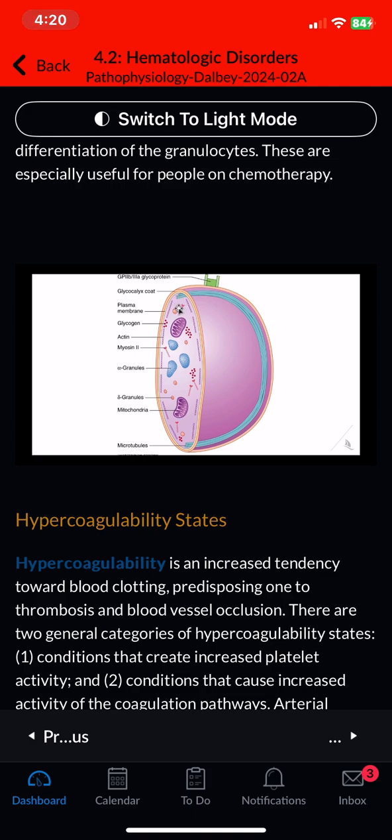Platelets also contain granules. So if you take a look inside, you can see granules. These have chemicals stored in them important for hemostasis, also for vasoconstriction, and even growth factors that can be secreted then and allow the endothelium to start to repair.